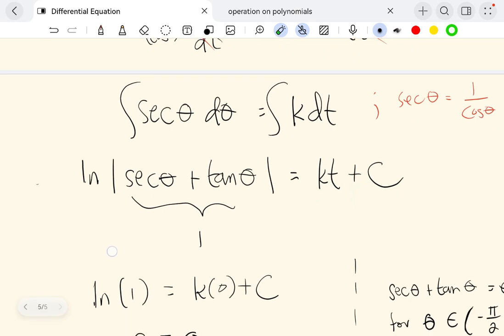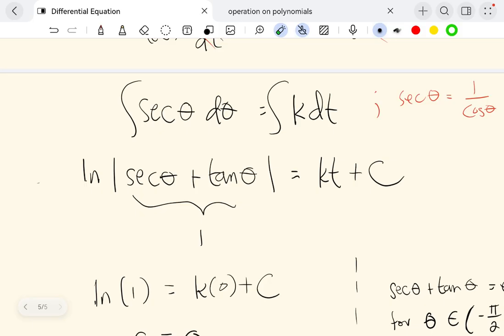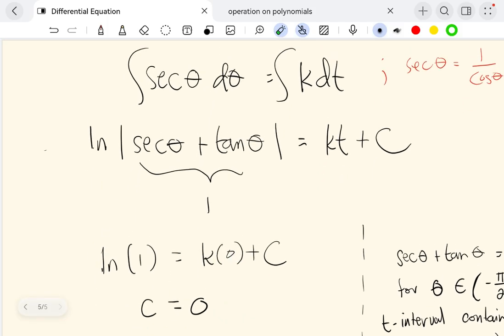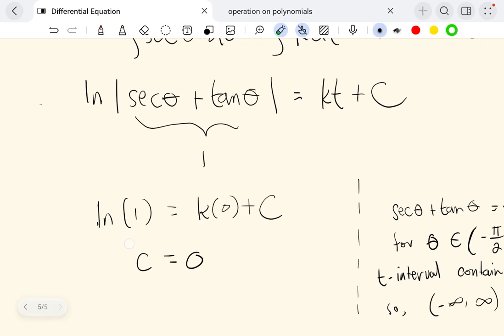Then take note that if we take the initial condition, the angle to be 0, then you end up here with 1. So ln 1, and then your time is 0. So this one is 0, and ln 1 is also 0. So c is equal to 0.